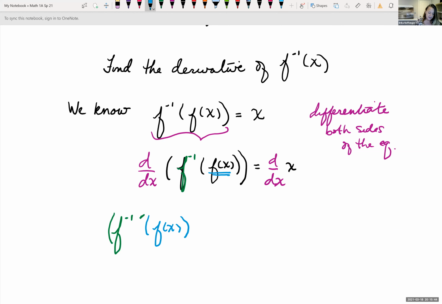Chain rule, we had to take the derivative, right, times the derivative of the inner. So times the derivative of the inner, f prime of x. And this is equal to, well, the derivative of x is just 1.